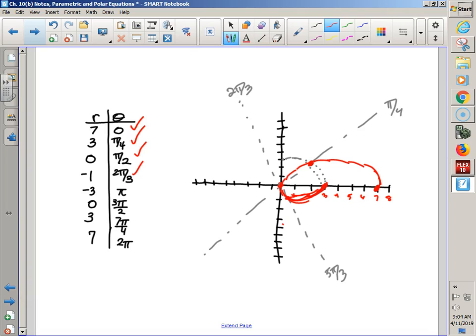I'm doing pi over 3s, pi's, pi over 2s, pi over 4s. It's very possible that this one actually should have had some symmetry, and if it had some symmetry, maybe at the pi over 4 over here, it would have actually been about the same distance out, which would have been 2. Oh, no, hold on. That's okay.